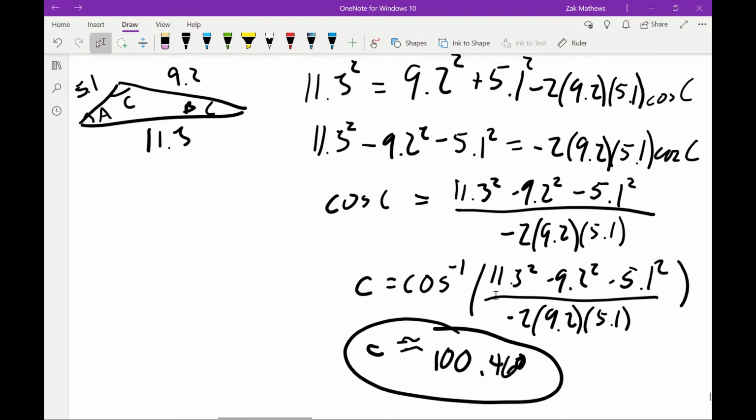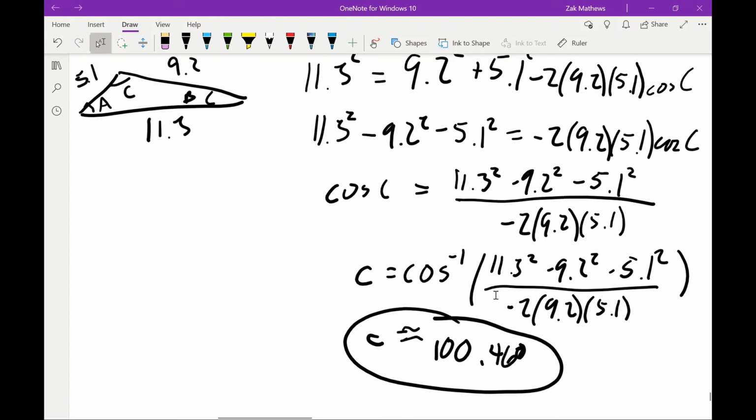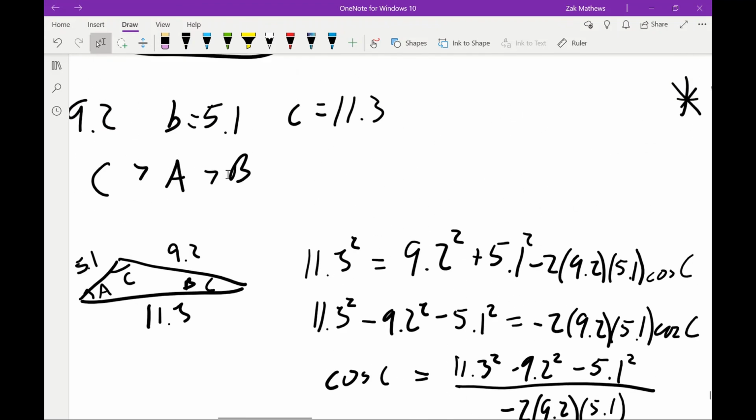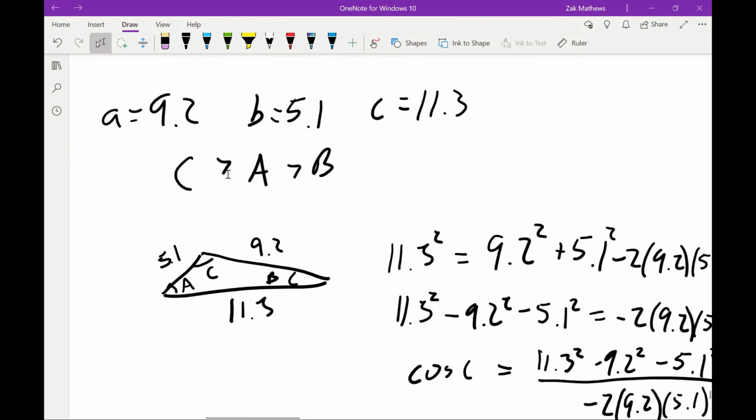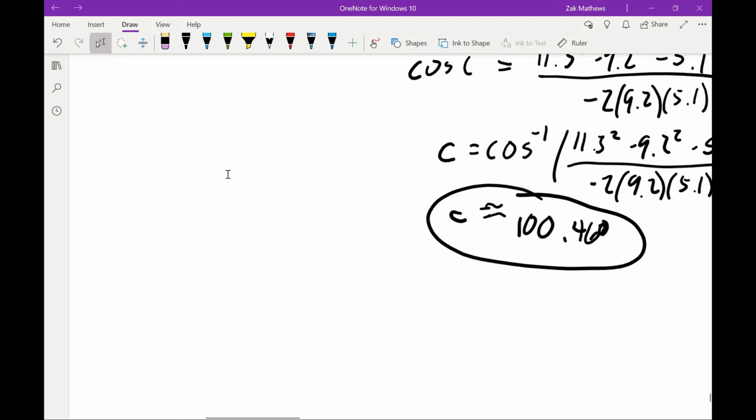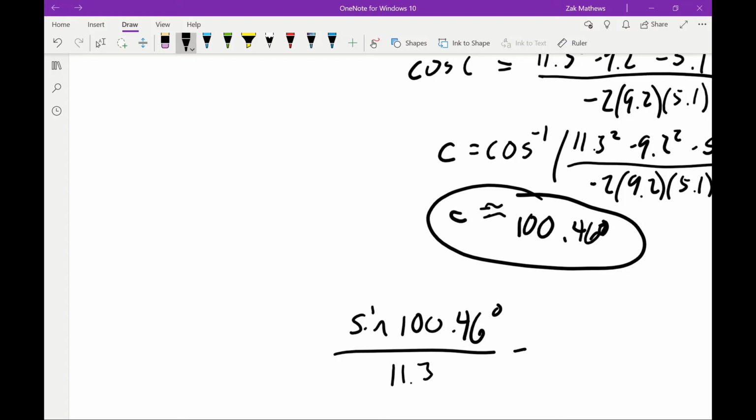So I'm going to use what was my smallest? 5.1, the B, not the A, but the 5.1. I'm going to default to the smallest for my law of sines. I set it up with my angles on top. And my side for C was 11.3. I'm looking for angle B because side B of 5.1 was my smallest.